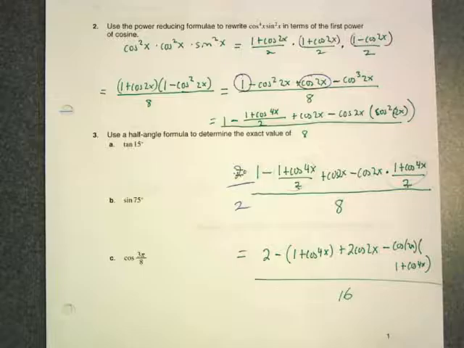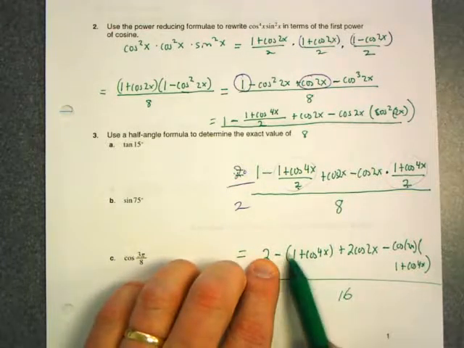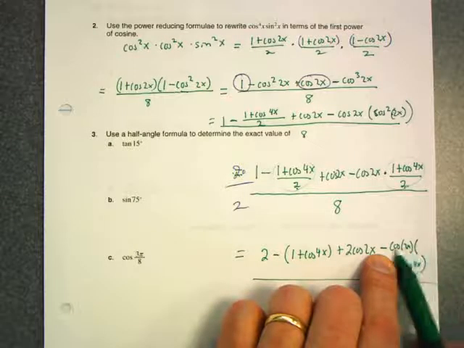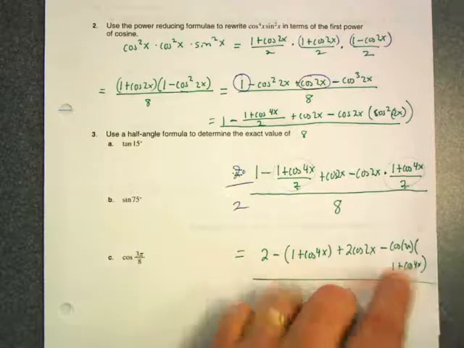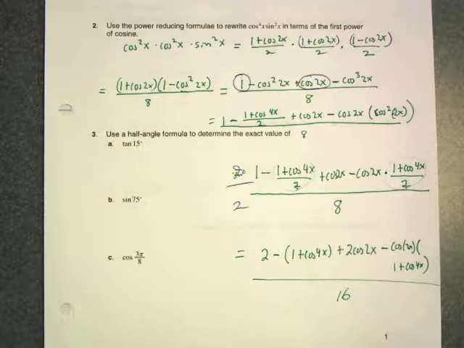And I'm out of time for today, but the only thing I could do left, I could distribute this minus sign through, I could distribute this minus cosine 2x through, and that could be my final answer.